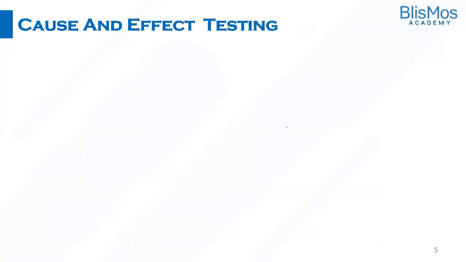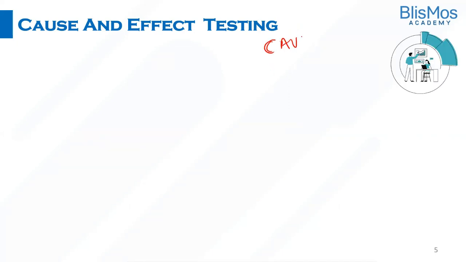Cause and effect. Cause and effect is one of the techniques in designing the test case. Here, for a cause, there is an effect. For an effect to happen, there should be a cause. For example, after furnishing all the documents from a customer, an account will be opened in a bank.